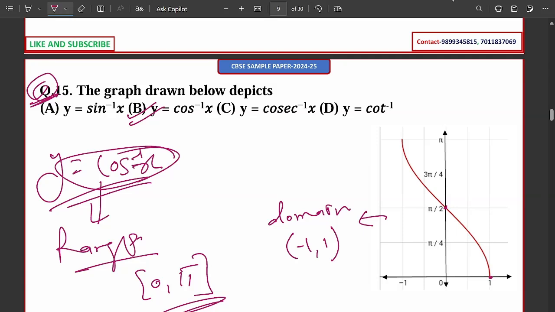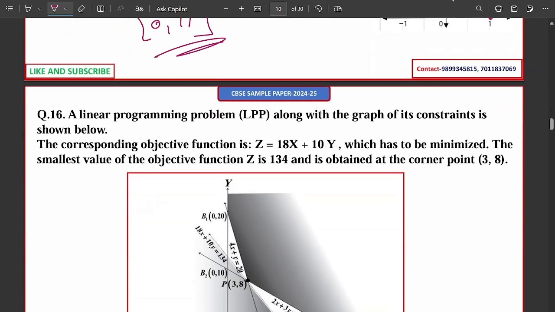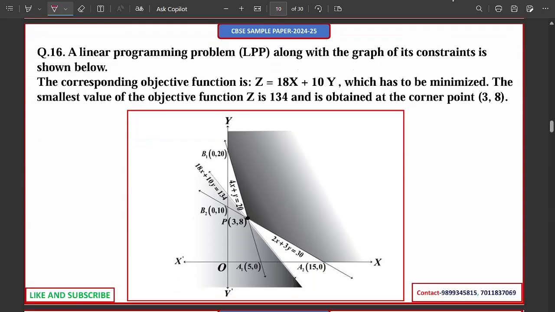If you know all the graphs of trigonometric functions, you can easily identify within a second which one will be the correct answer. Now question number 16. The linear programming problem along with the graph of its constraints is shown below. The corresponding objective function z is equal to this, which has to be minimized.